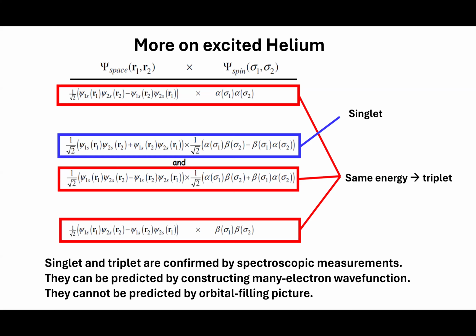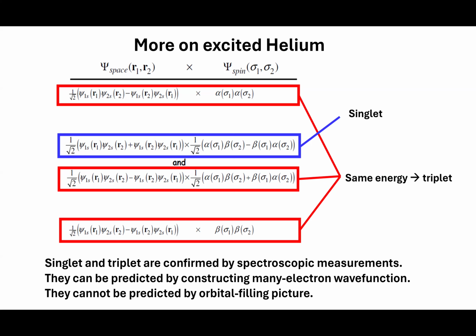If you calculate the energy for all these four wave functions, we find that all three red boxes have the exact same energy. They have different wave functions, but the same energy, and they correspond to a triplet.